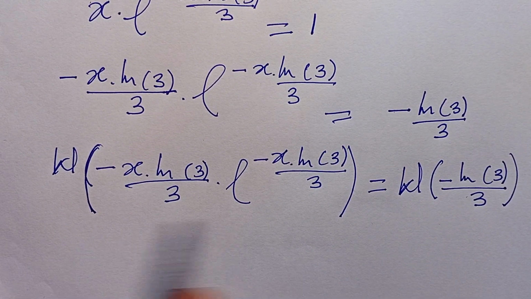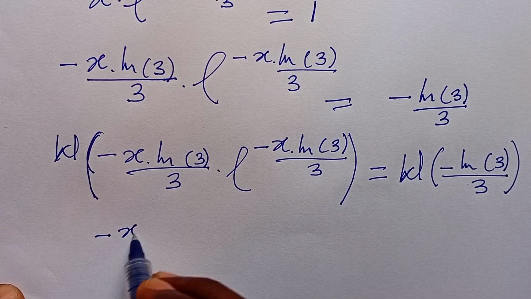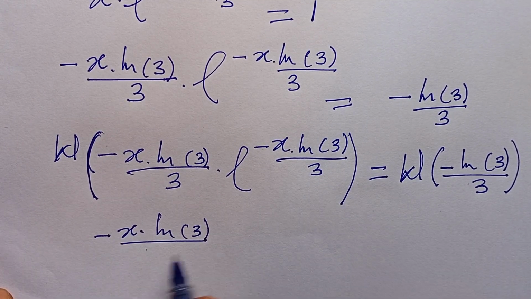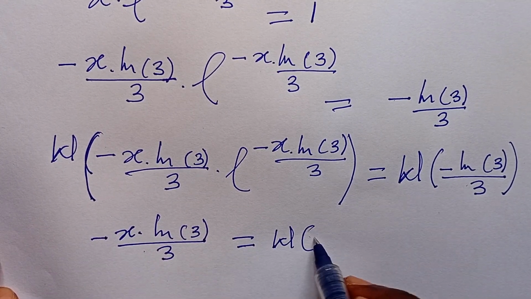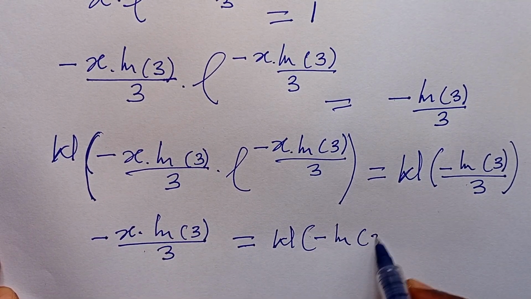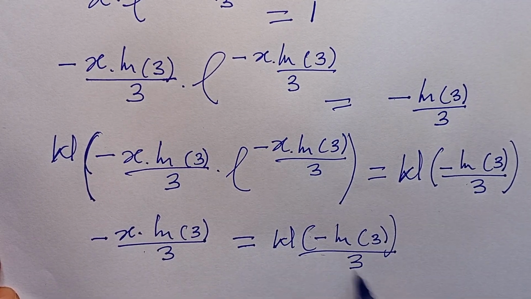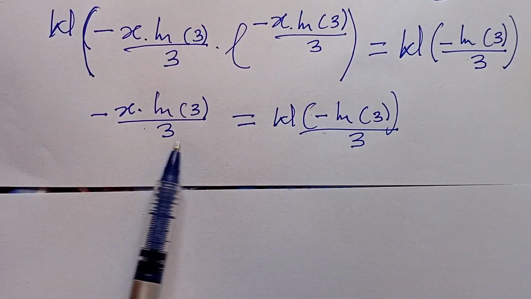So what happened to this expression here? We're going to end up having minus x times ln of 3 all over 3 equal to W of minus ln of 3 all over 3. From here, we have to eliminate this 3 by multiplying through everything by 3.